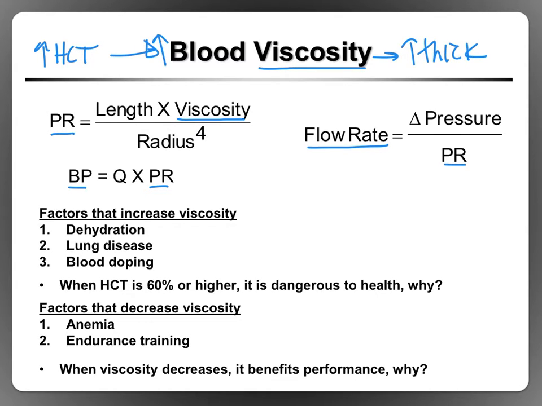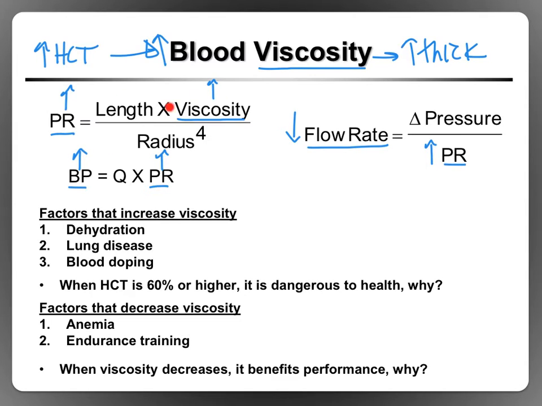So if we increased viscosity, we would increase peripheral resistance. And by increasing peripheral resistance, you increase blood pressure. At the same time, if you increase peripheral resistance, you decrease the rate of blood flow. So keep those in mind, and that's really the importance of these formulas.